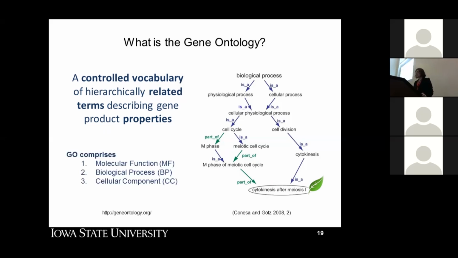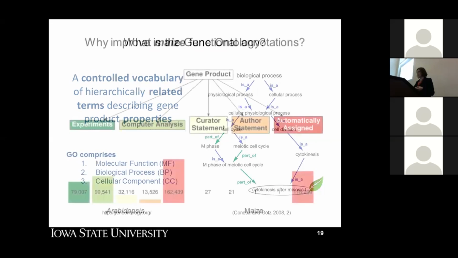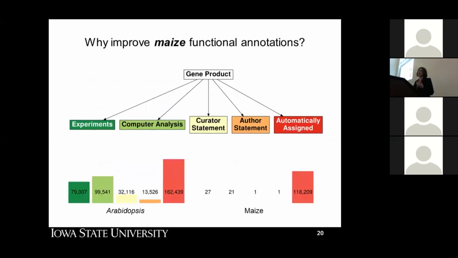The GO comprises three different graphs: molecular function, biological process, and cellular component. So these are three different aspects of gene function. One thing that many people are unaware of is that functional annotations have bits of information attached to them that allow you to know how the assertion that that's what we think this gene does was made.